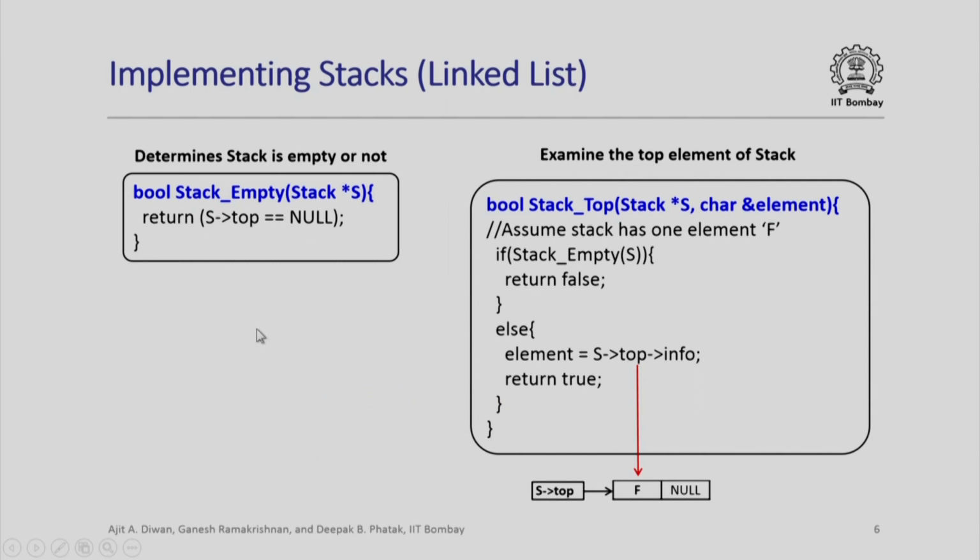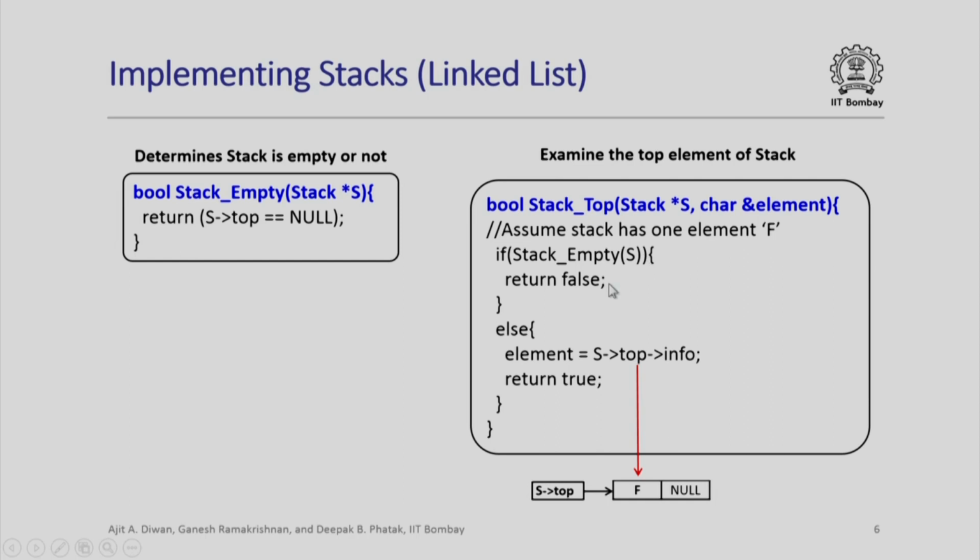To determine whether stack is empty or not is also equally simple. If the top points to null, then the stack is empty. That's what we check and return. How do we examine the top element of the stack? Again, simple. Suppose the stack has one element f. We check in this function. If stack is empty, we return false.